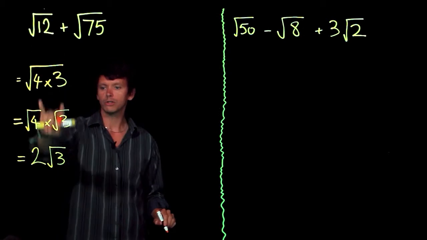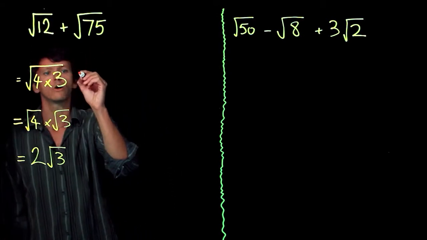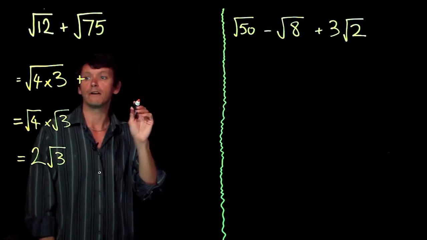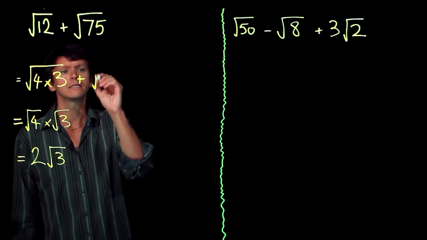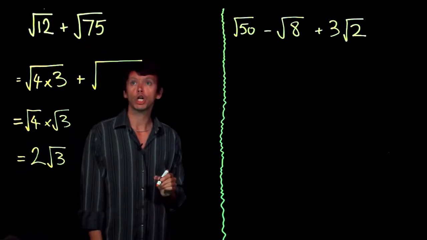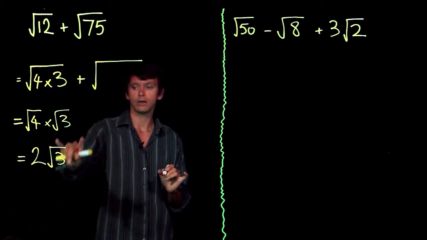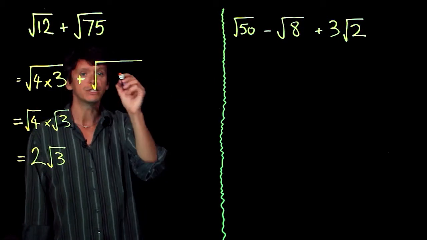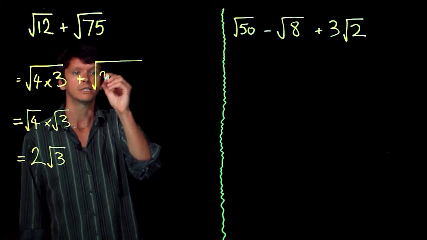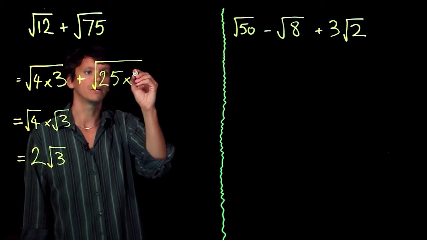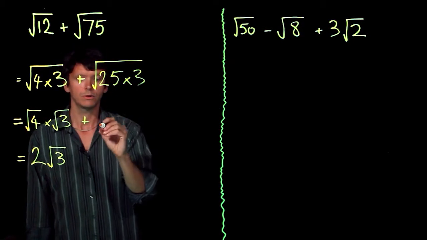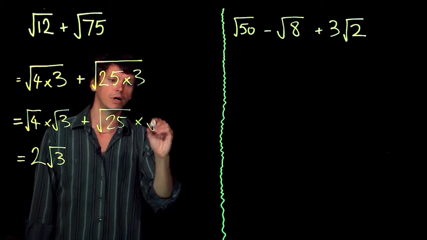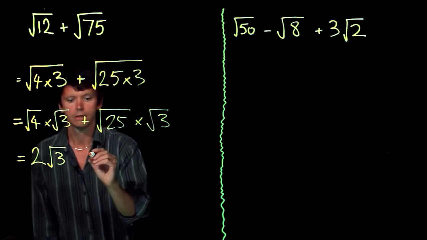Now, I've dealt with the square root of 12 there, but we've also got this plus the square root of 75. Again, we're looking for a factor pair that includes a square number, because that's going to help us to simplify. So 75, that's 3 25s. So if I say 25 times 3, which we can split as the square root of 25 times the square root of 3.